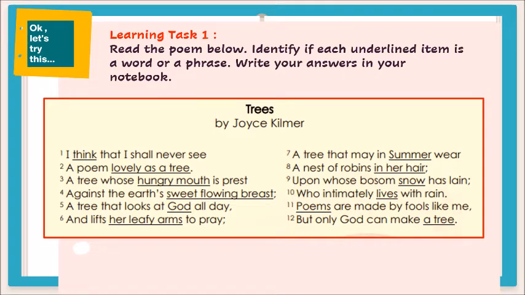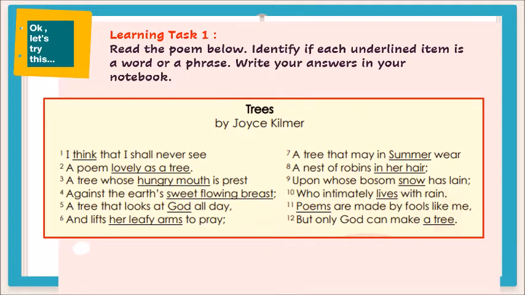Trees, by Joyce Kilmer. I think that I shall never see a poem lovely as a tree. A tree whose hungry mouth is pressed against the earth's sweet, flowing breast. A tree that looks at God all day and lifts her leafy arms to pray.